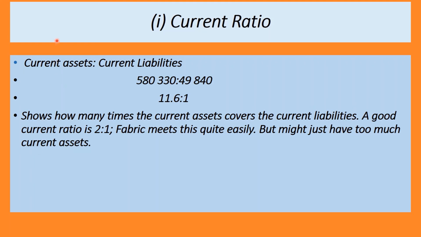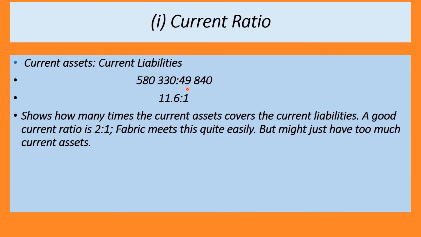Current ratio. Current assets to current liabilities. In this ratio, the current liabilities is always 1. So we add up the current assets on the balance sheet and we get 580,330, and the current liabilities is 49,840.